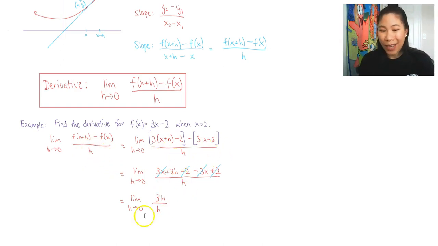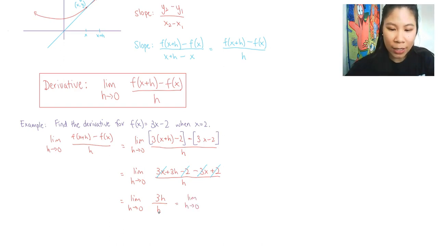But now that we've canceled things out, we can even cancel out an h here, so that we end up with the limit as h approaches 0 of just 3, because then h will cancel out from the top and the bottom. And so now, if we plug in h equals 0, there's nowhere to plug it in, so our final answer is just going to be 3.